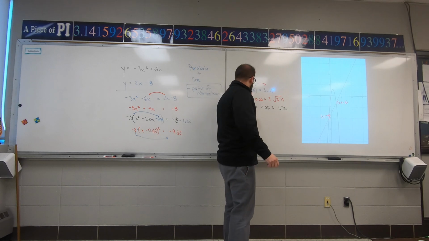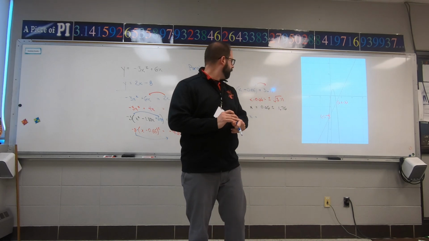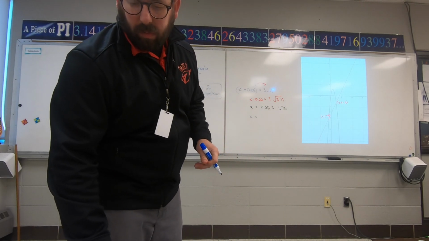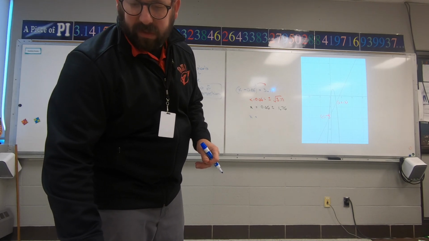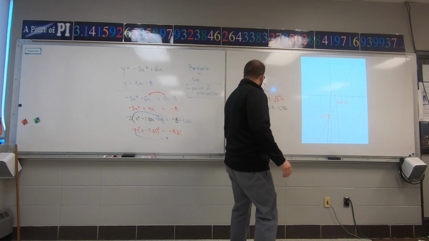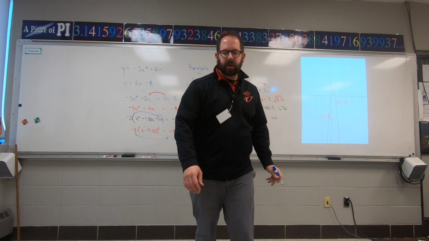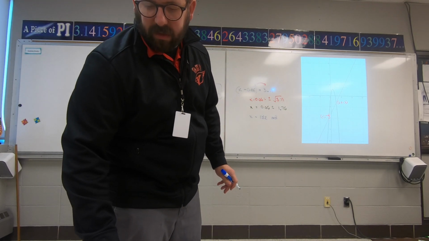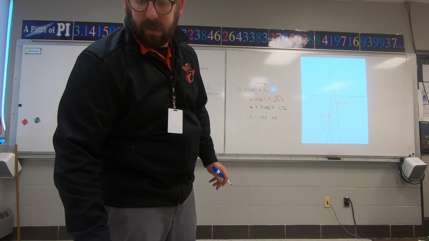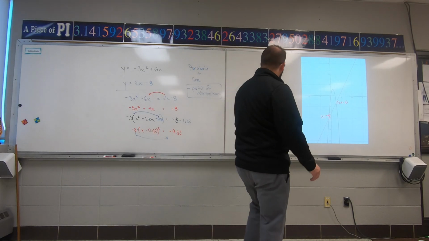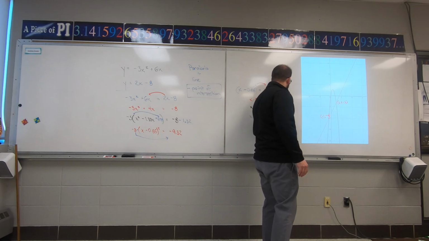So the 2 x's we're going to have: 1.76 plus 0.66 is 2.42. 2.42, and the other one is 0.66 minus 1.76. That makes it negative 1.16.